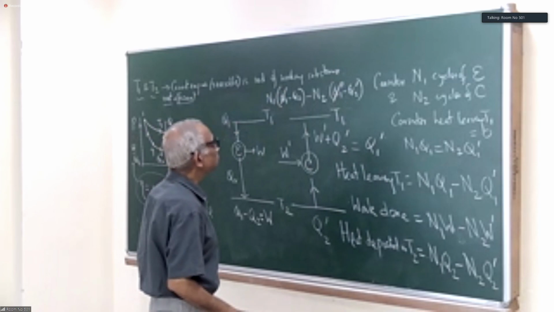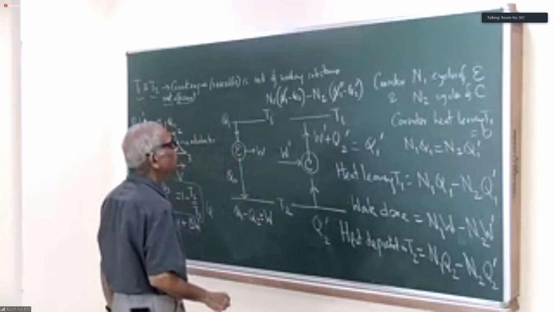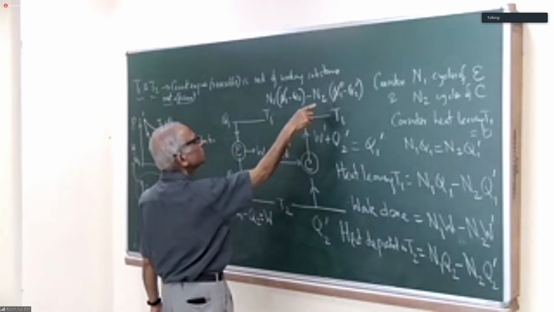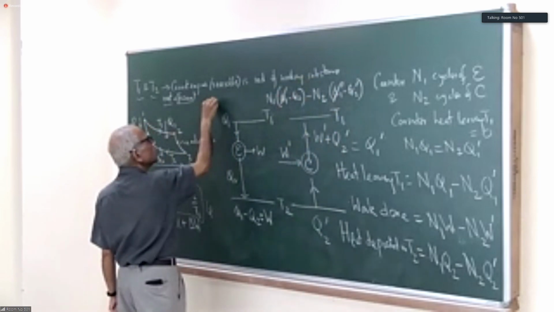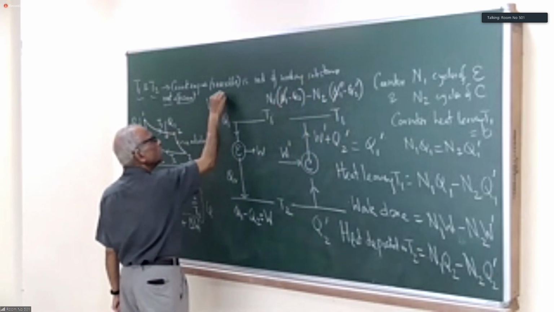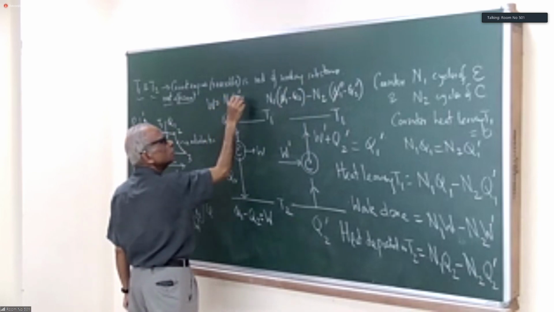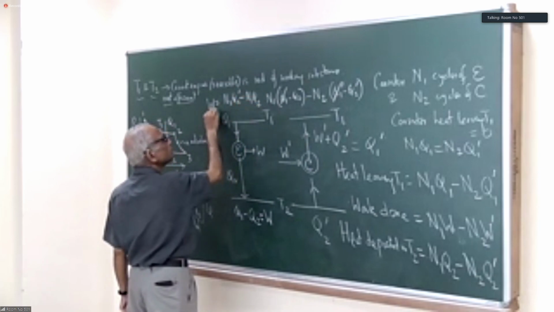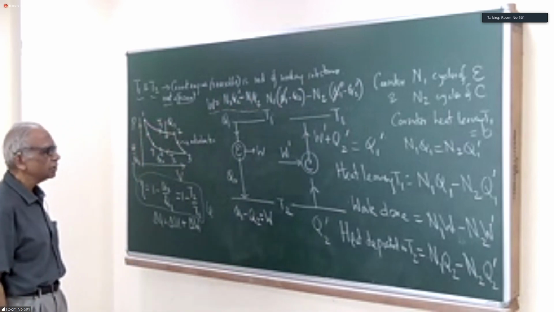So this work done, which I was after, is now N2. So work done W becomes equal to N2 Q2 prime minus N1 Q2.